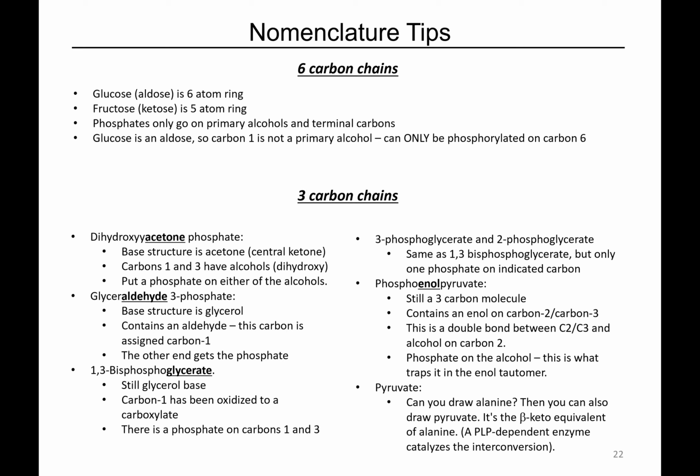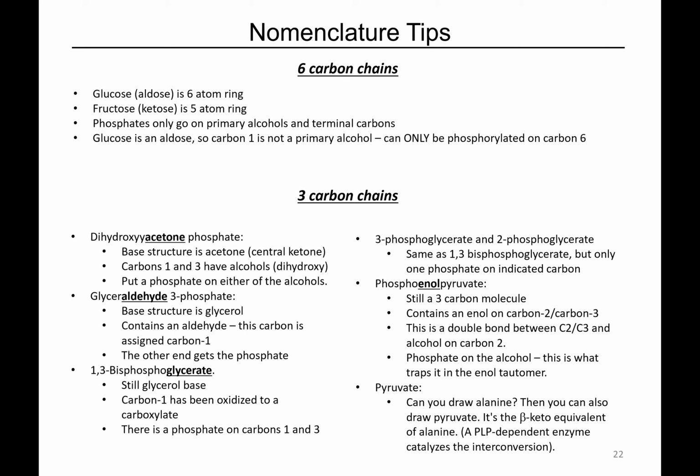All right, so honestly, I think it's easier to know how to draw pyruvate than phosphoenol pyruvate. If you can draw pyruvate, you can draw phosphoenol pyruvate. And if you can draw alanine, you can draw pyruvate. Okay? Because pyruvate is the alpha keto equivalent of alanine. Everybody can draw alanine, right? If not, I will have Dr. Hurlbert come at you.